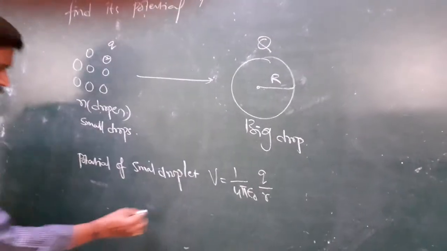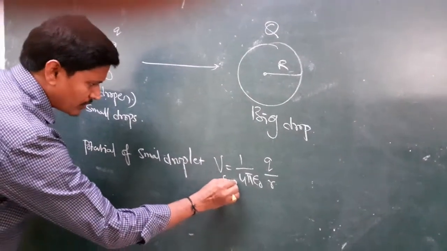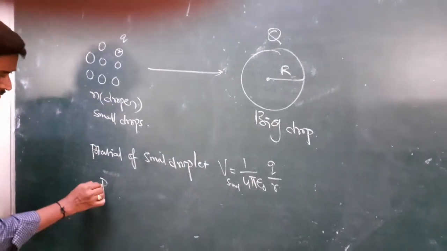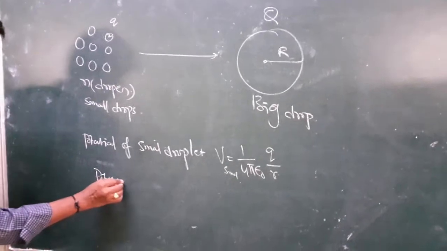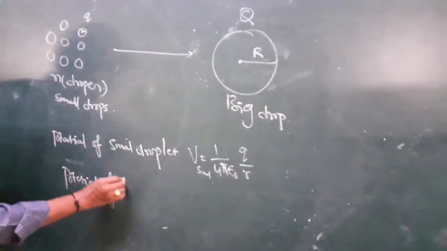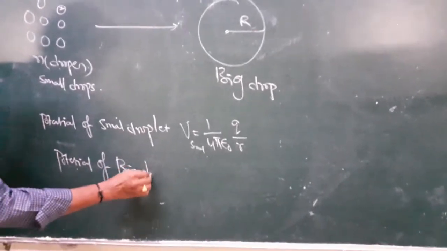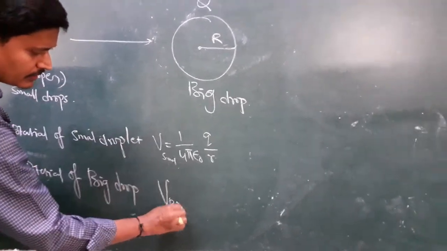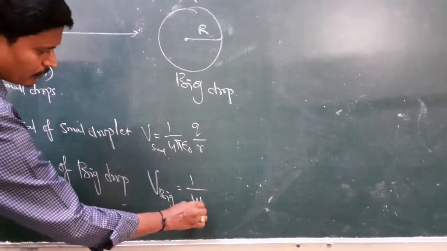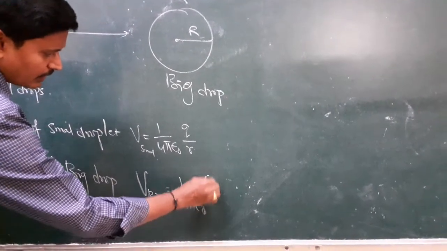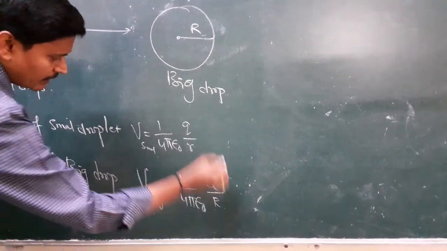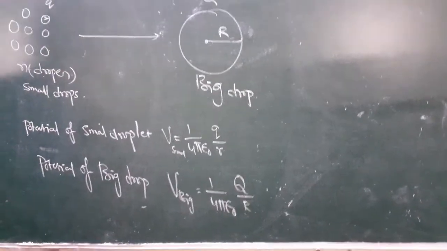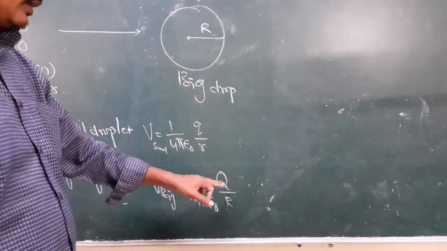Then the potential of the big drop, V big, is equal to 1 by 4 pi epsilon naught capital Q divided by capital R. This is the big droplet radius and big droplet charge.